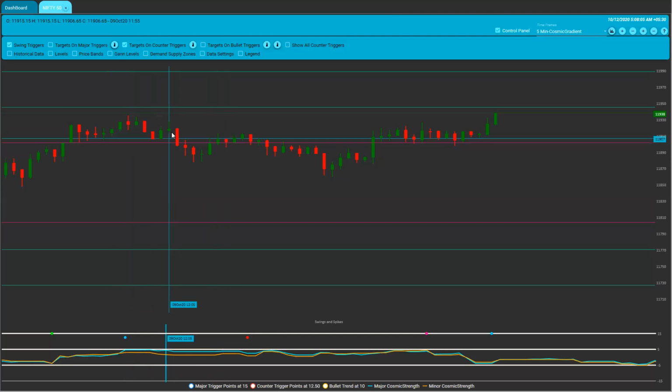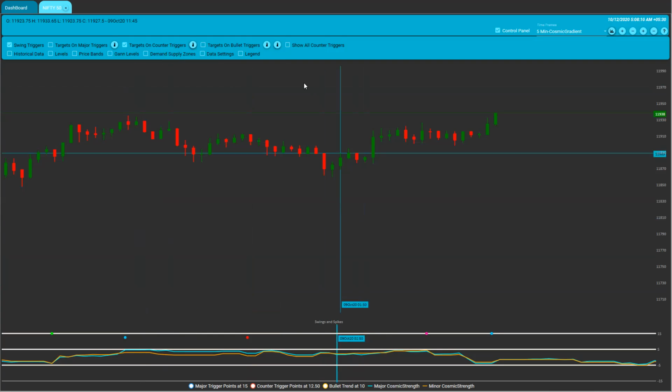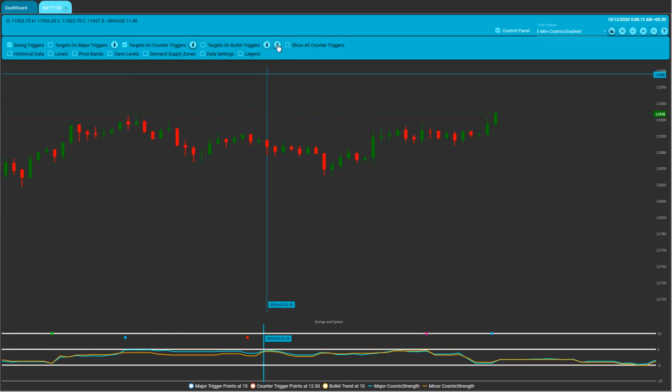Now to clear these trigger lines, again we can press this button and it will be cleared. Same is the case with Bullet String. And to clear all the lines, we have to press this button.